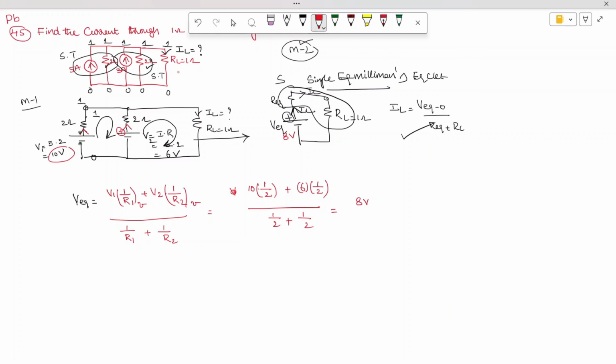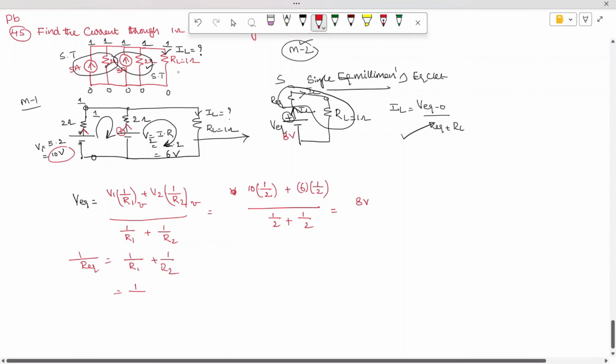Next we need to find R equivalent. The formula is 1 by R equivalent equal to 1 by R1 plus 1 by R2. 1 by R1 is 1 by 2, and 1 by R2 is 1 by 2. It's 0.5 plus 0.5, which is the answer for 1 by R equivalent.